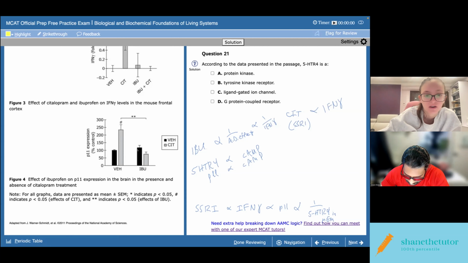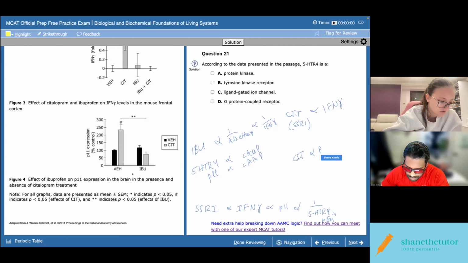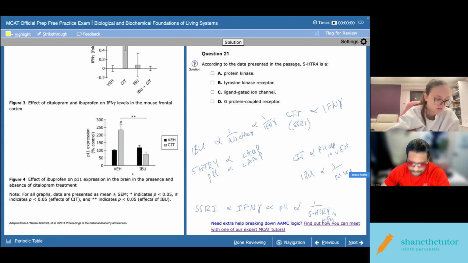I feel like with ibuprofen, everything's lower. Citalopram would be proportional to P11 expression in this control, and ibuprofen inversely with the P11 expression.